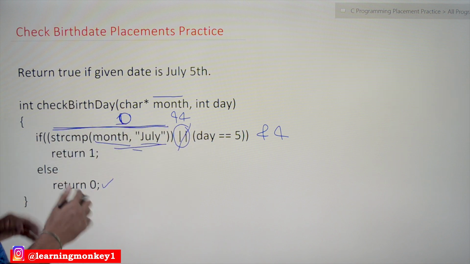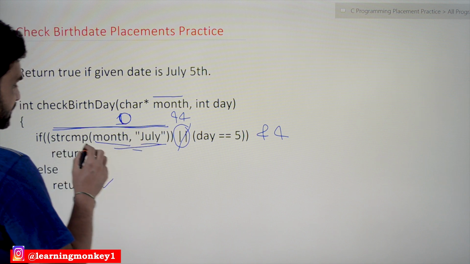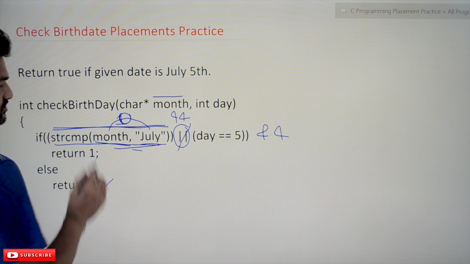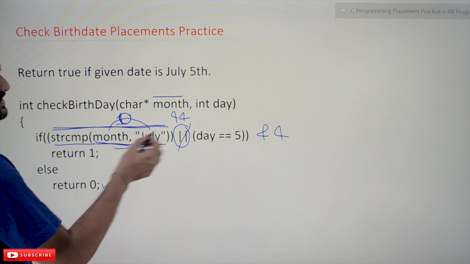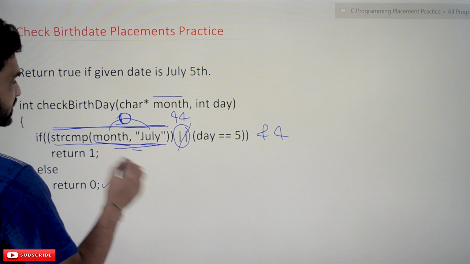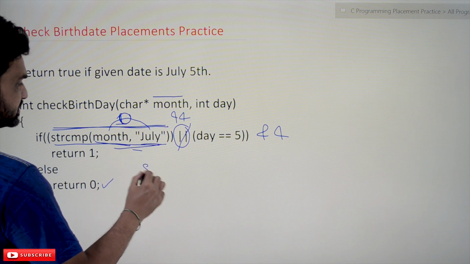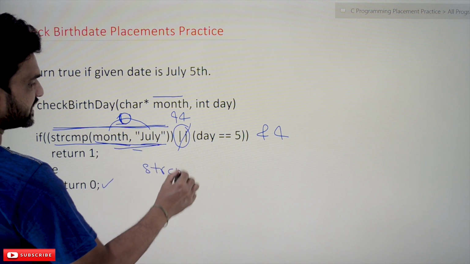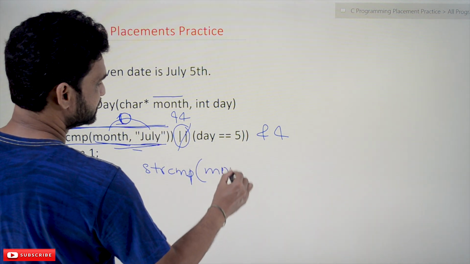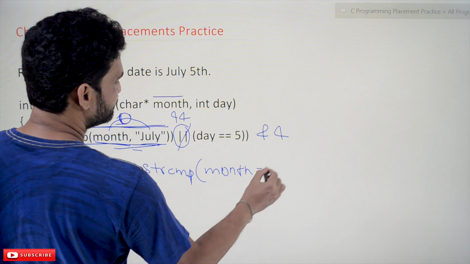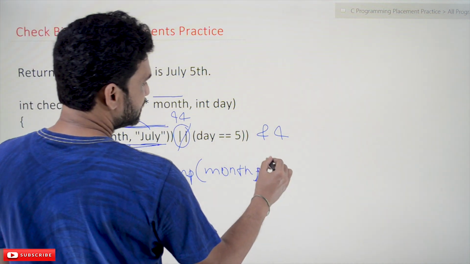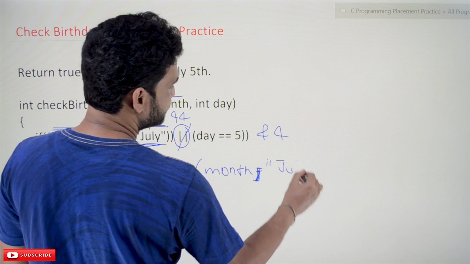So as it is going to produce an output of 0 if the month is equal to July, we have to compare this string function to 0. So we will rewrite this entire statement here. It is string comparison of the variable month with the string July.